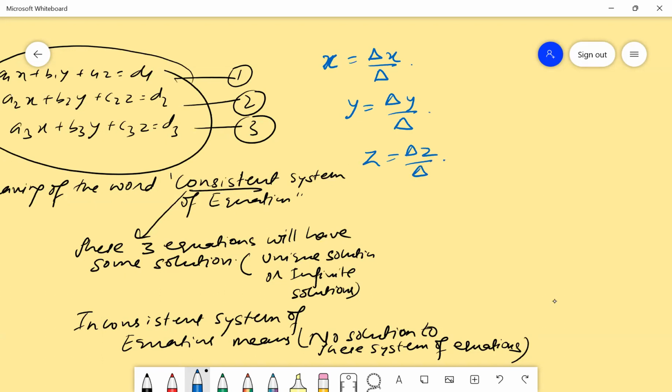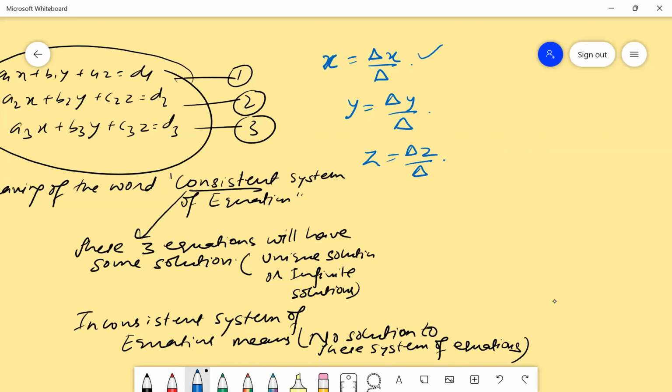But it is not necessary that we can only find x, y, z using this. You can eliminate z from 1 and 2, and from 2 and 3, by multiplying by some constant on both sides, LHS and RHS, to get the same coefficient of z. Then you have two linear equations in x and y, and you can easily find x and y. Then you can put them in any of the equations to find z. That is also a rule.